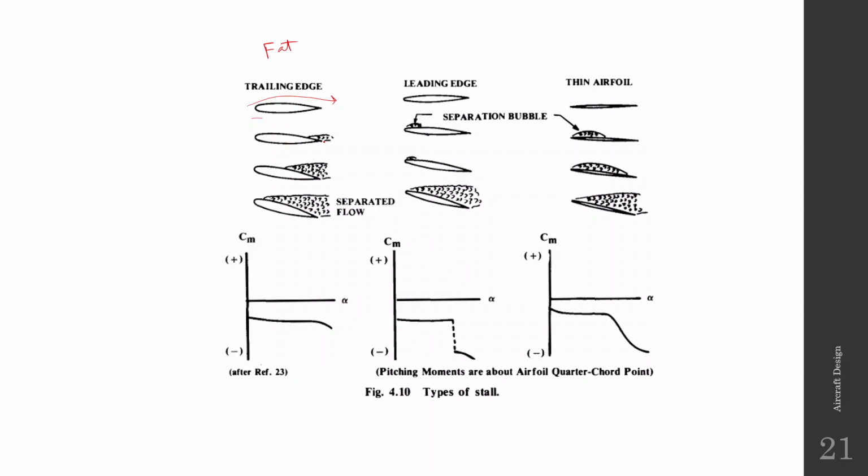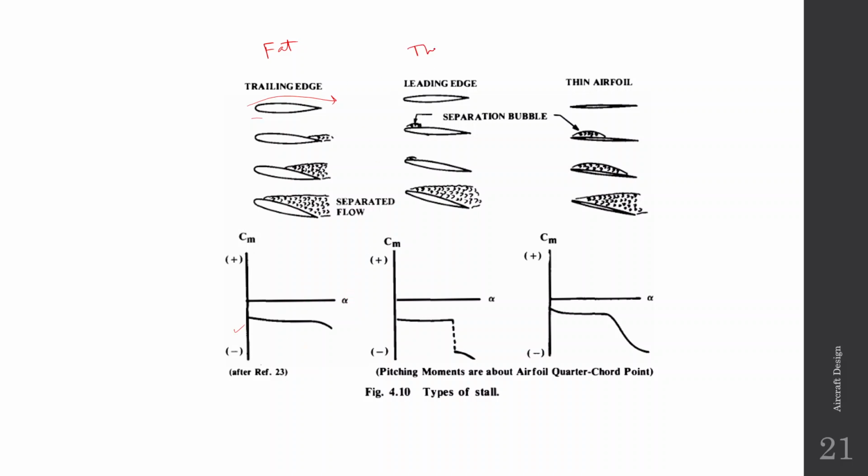Then you increase it a little bit, there is a small turbulent region at the back, and as you keep increasing it, this turbulent region grows in size. But it starts from the trailing edge, and then as you increase it even more, the region starts from the trailing edge and moves towards the leading edge. And in this case the pitching moment change is not very much, and the loss of lift is also gradual.